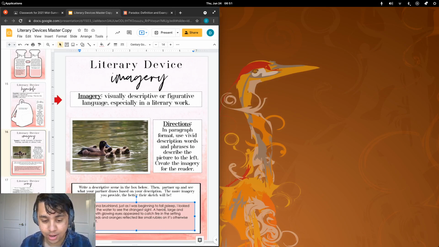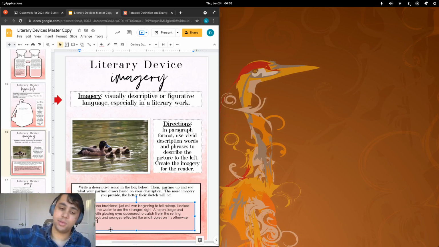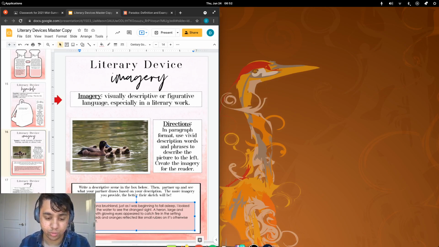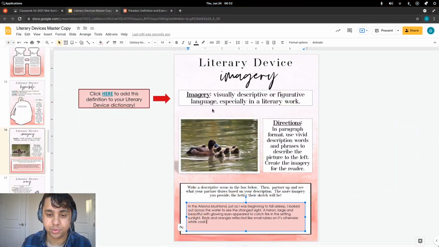And then I described the heron in more detail. Large and beautiful with glowing eyes. It appeared to catch fire, so we can imagine something glowing and on fire in the setting sunlight. So now we have an image of the sun setting. And then I further describe what the heron catching fire looks like. The reds and oranges reflected like small rubies on its otherwise white coat. All of those words, especially color words I used a lot of here, are examples of imagery.